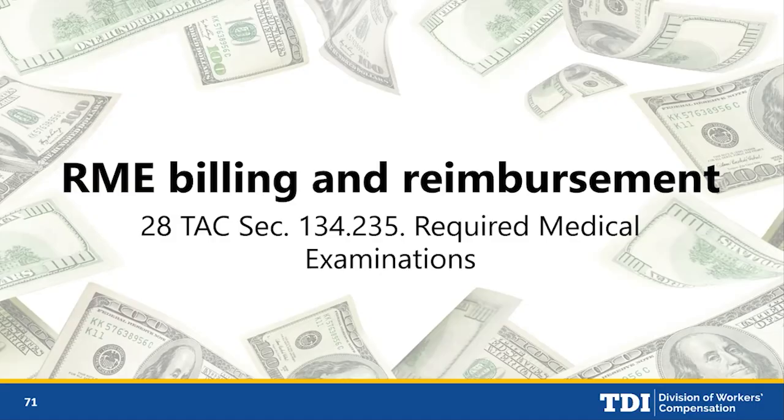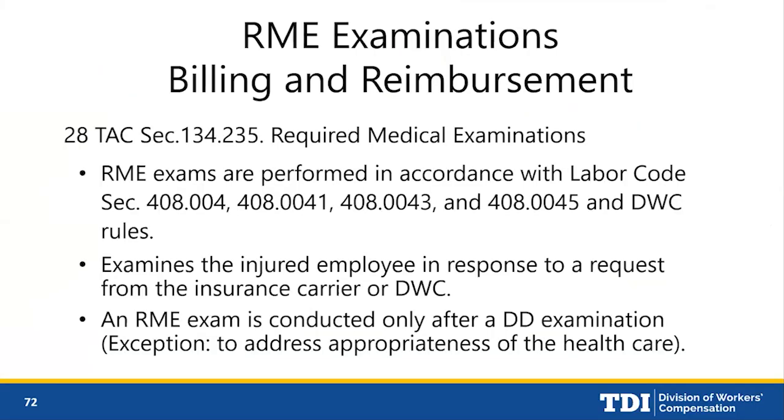to their billing. So RME exams are performed in accordance with the labor code in these sections and according to our specific rules, 134.235. And again, this is going to be in response to a request from the insurance carrier or the DWC.